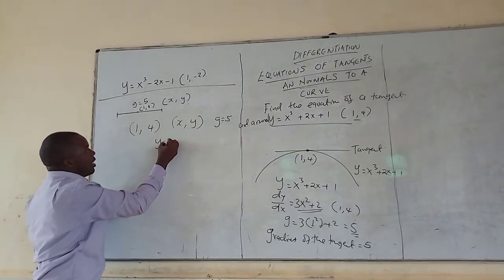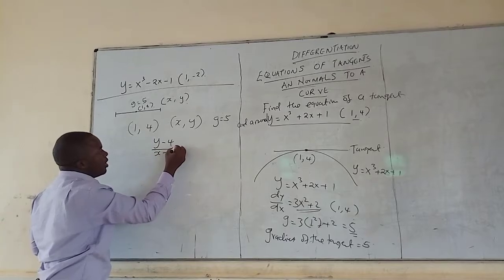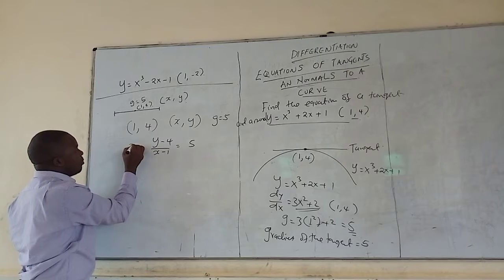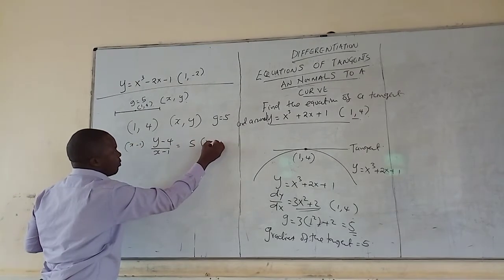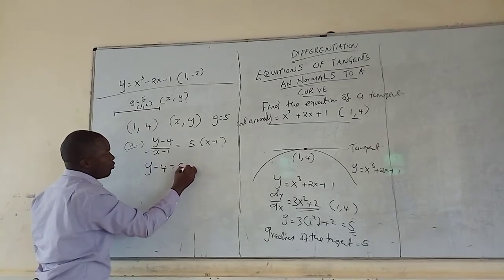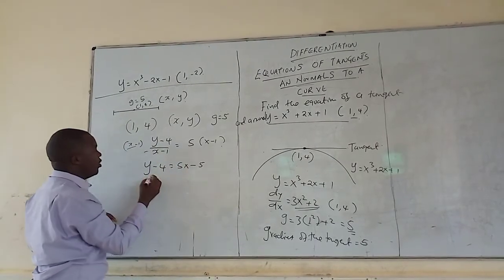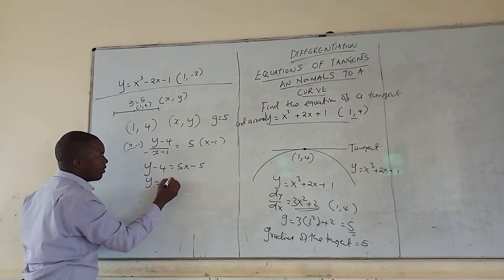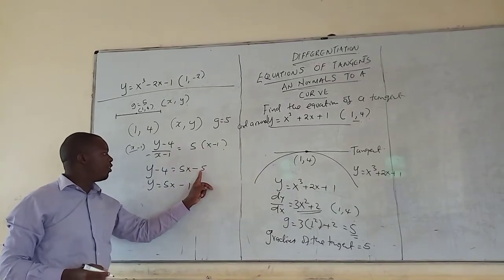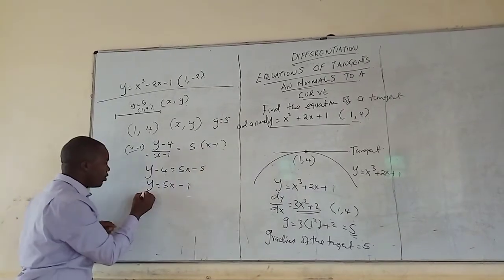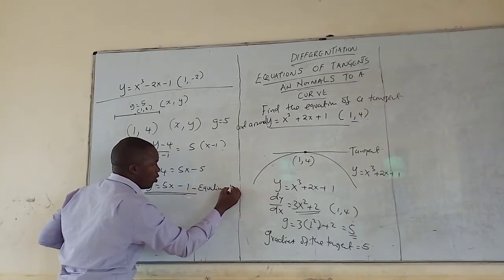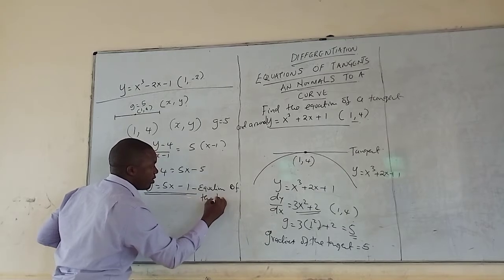It is (y minus 4) over (x minus 1). I equate this to 5. So I'll multiply this side by x minus 1, and this one by x minus 1. So this will cancel. I have y minus 4 is equal to 5x minus 5. So y will be equal to 5x minus 1, because when you take 4 to the other side, it's going to be negative 5 plus 4, which is negative 1. So this is the equation of the tangent.